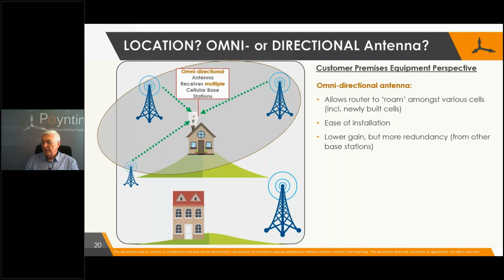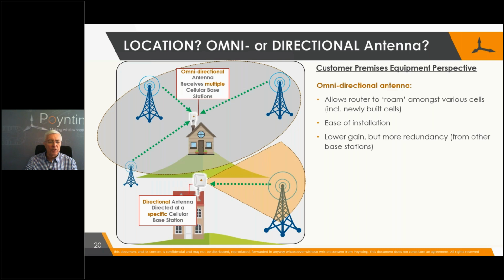Now, with the directional antenna, as I mentioned earlier, this is typically where the ability to get a signal from multiple towers does not exist. You have a tower that's relatively in line of sight of you, and that's really the only tower that you can get a signal from, and that's when one selects a directional antenna.